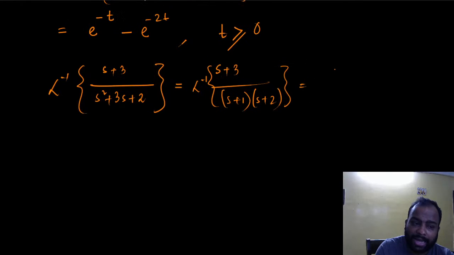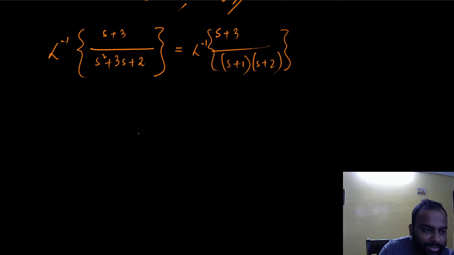But let me give you a nice easier way. You can do your partial fraction expansion and things like that, but let us just use our dumb brains and do it in a dumber way maybe.